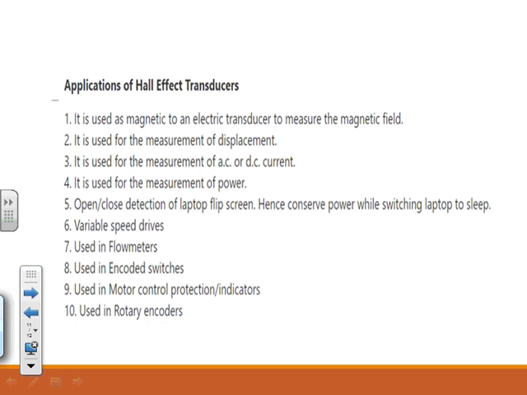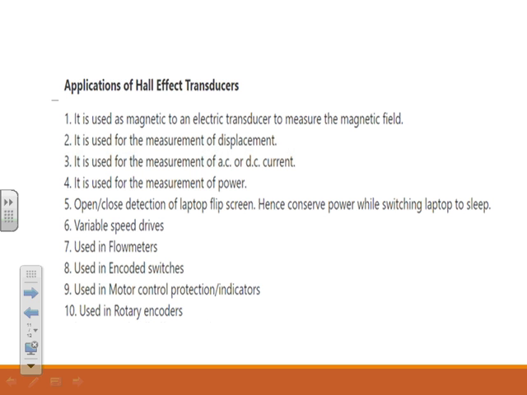Then we see the applications. It can be used as a magnetic or electric transducer to measure the magnetic field. It is used for measurement of displacement. It is used for the measurement of AC or DC current.